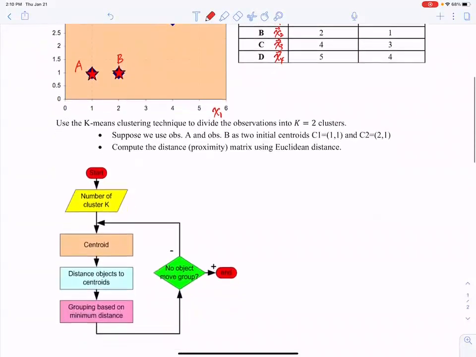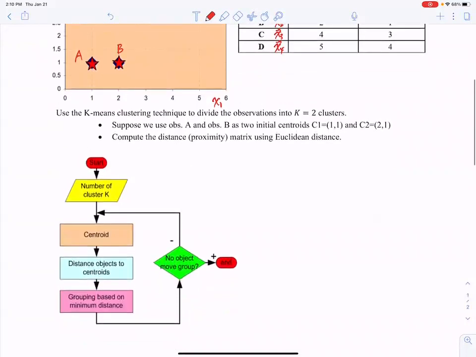The K-means algorithm works this way: set the number of clusters K and the initial centroids. Then compute the distance of every observation to the centroids, and group them based on the minimal distance.